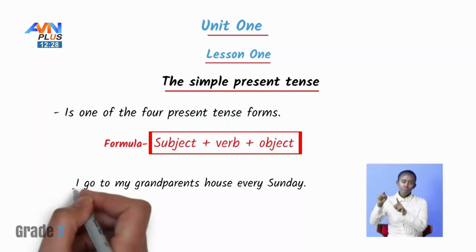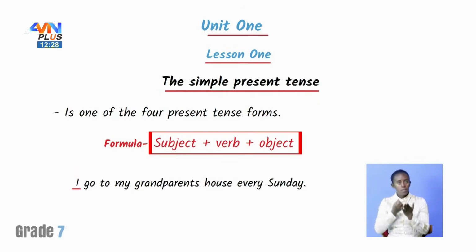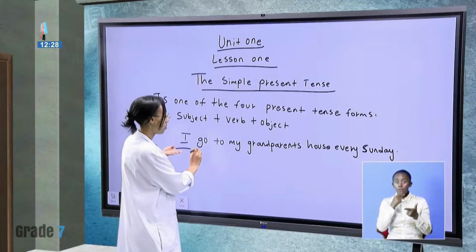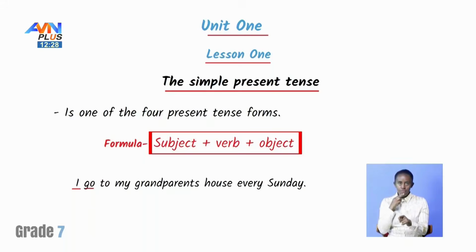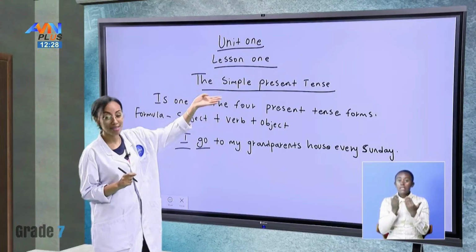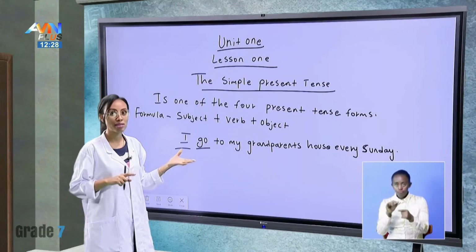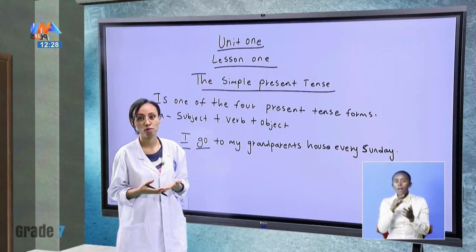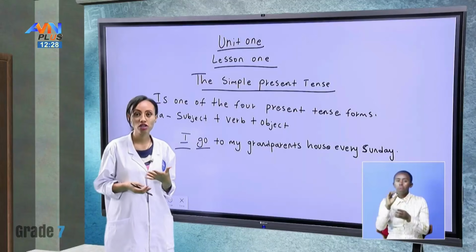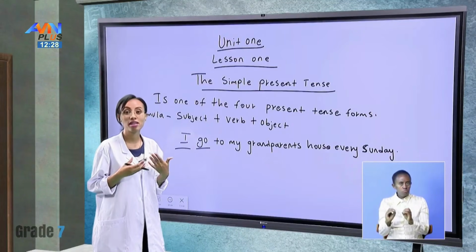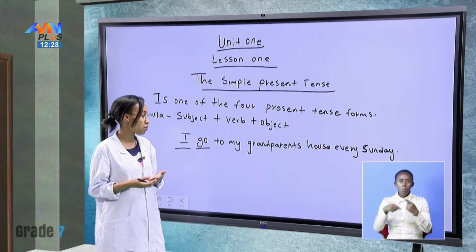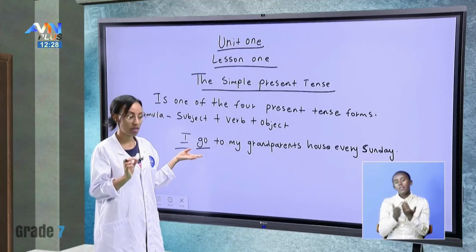We have our subject, I, and we have our verb in its simple present form. That means it is in its verb 1 form. It has not changed its shape, so it is in its simple present form.